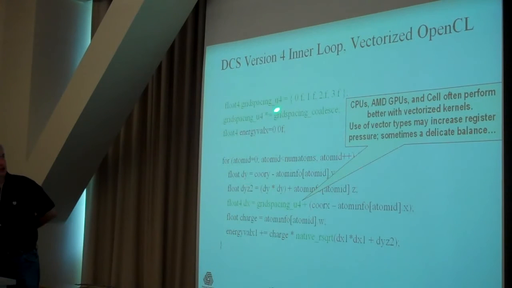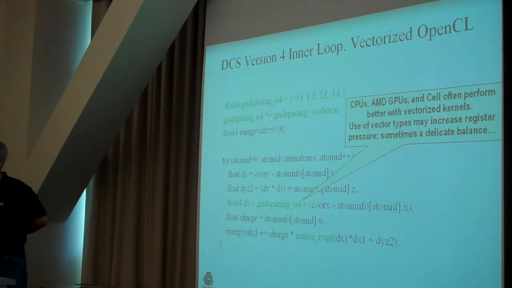In the OpenCL implementation, we have a 4-element vector of offsets that we compute for a bunch of these lattice points. And this appears very similar to the original single lattice point per thread CUDA implementation, except that we're working with a float4 type. So all the things that I've marked in green are 4-element vectors rather than scalars.